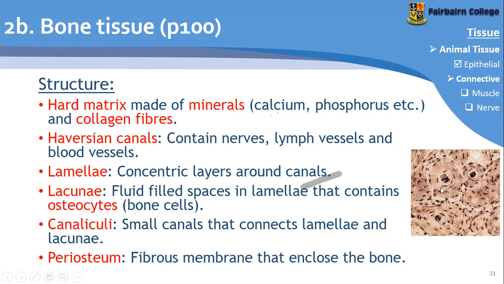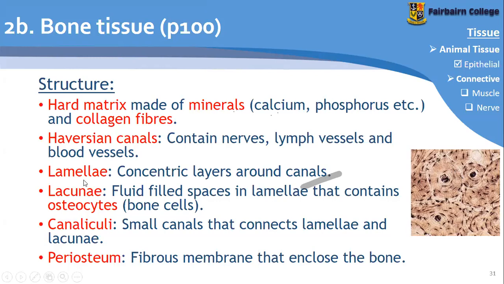What are these called? The lamellae are the circles. You can't really see it there, but in our diagram we make it a bit easier to see. It's basically the circles that go around the black dot in the middle. A fancy way of saying it: the concentric layers around the Haversian canals. Basically just the circles that go out from it.